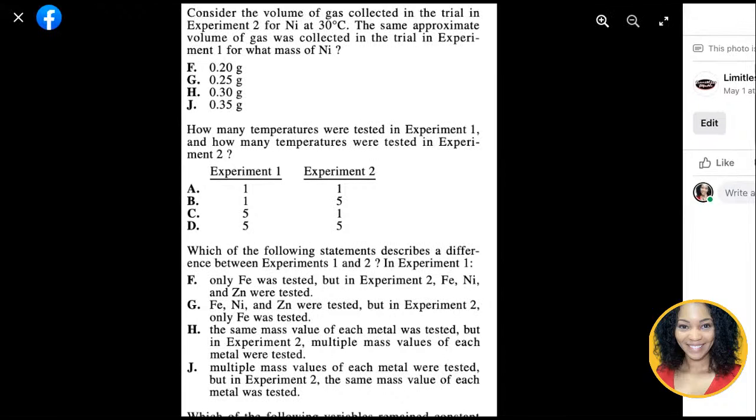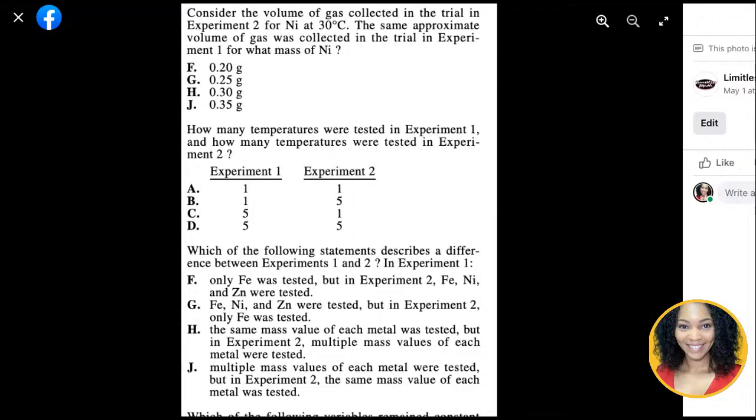It says, consider the volume of gas collected in the trial in experiment 2. That should be like ringing bells for you in your head that when I go back and look at that other page, I want to direct my attention to experiment 2. And then I'm going to be looking at the element Ni, and at this moment that leaves me, so I don't want to quote that element wrong.